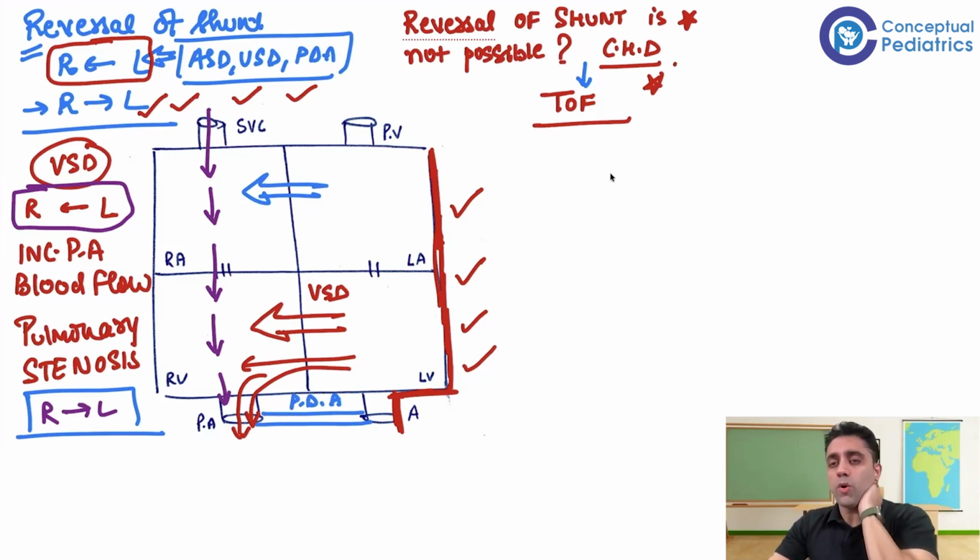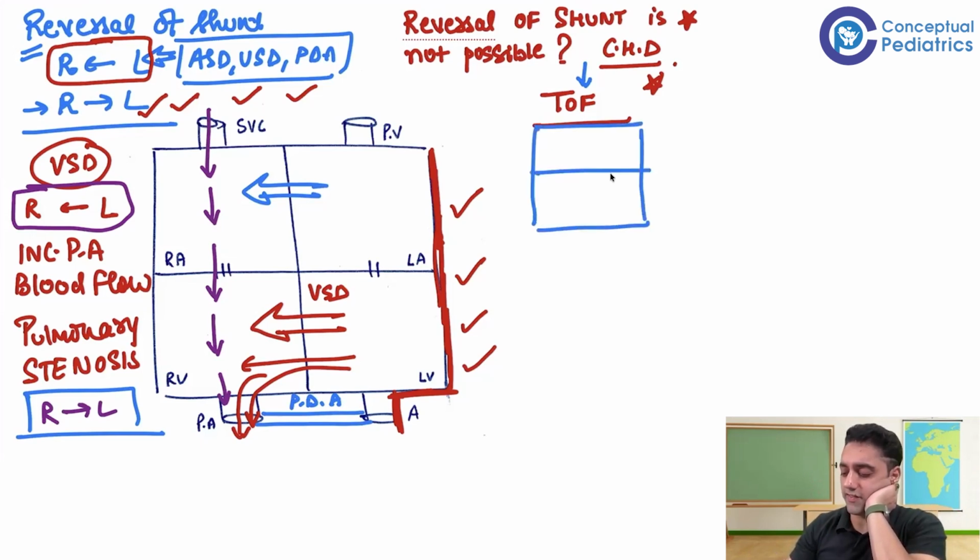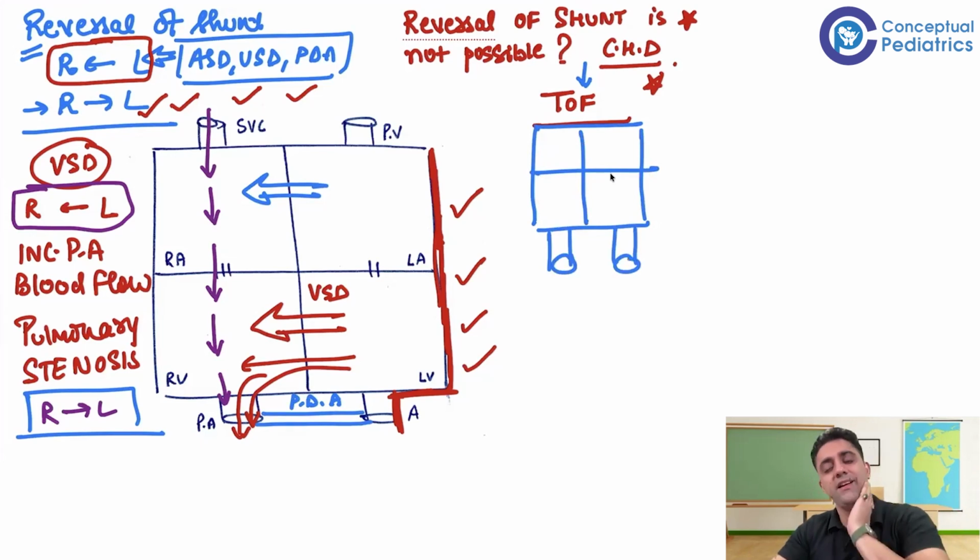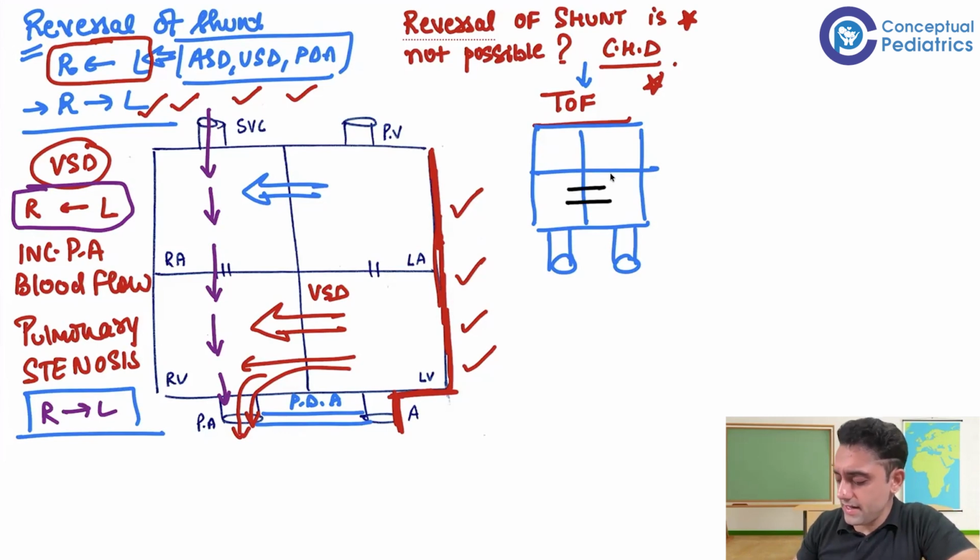Now, very important, reversal of shunt is not possible in tetralogy of Fallot. Why? Sir, I will not cram. You tell me, in tetralogy of Fallot, why is reversal of shunt not possible? Because the patient is not having only VSD.